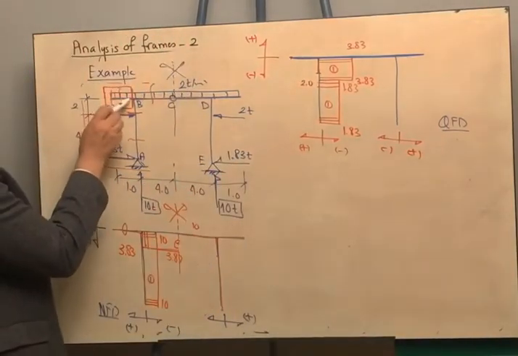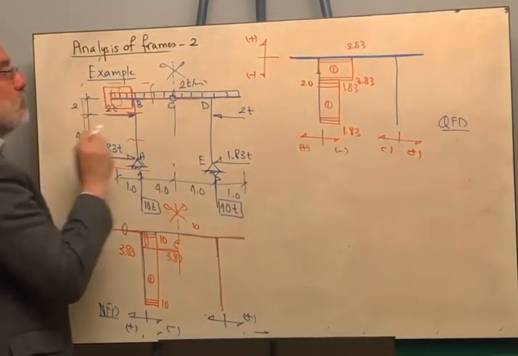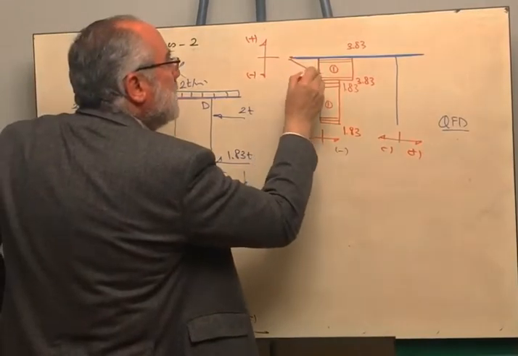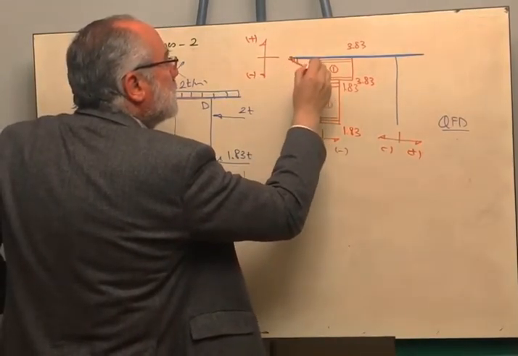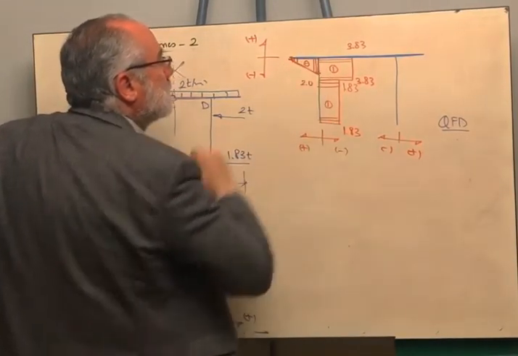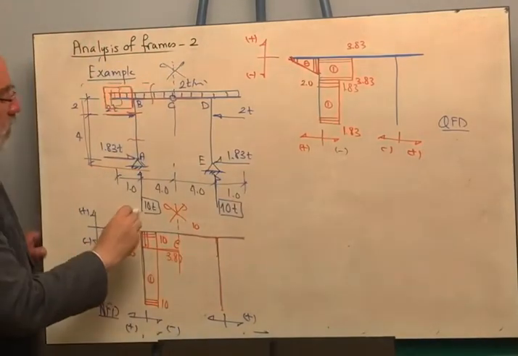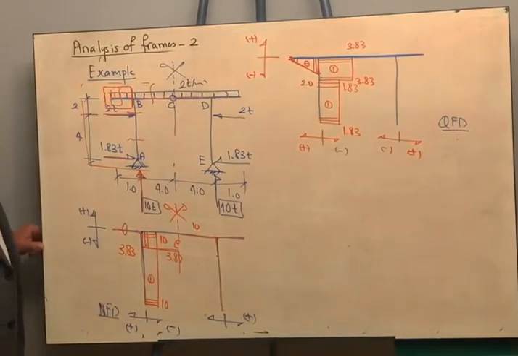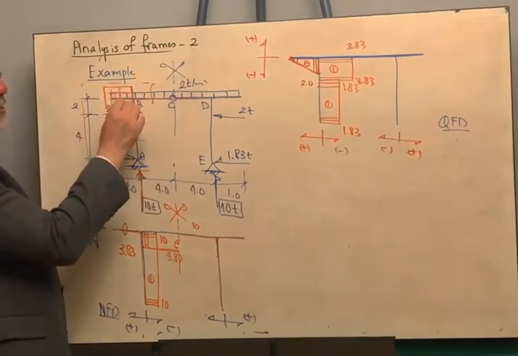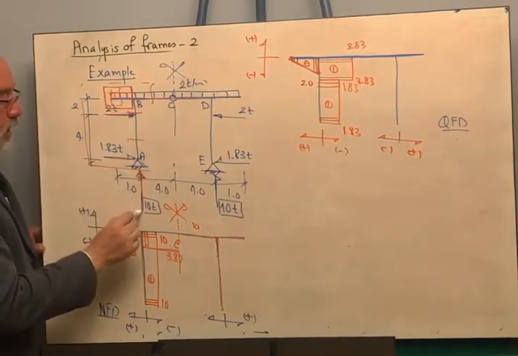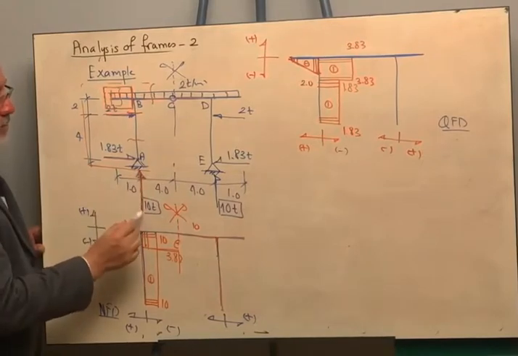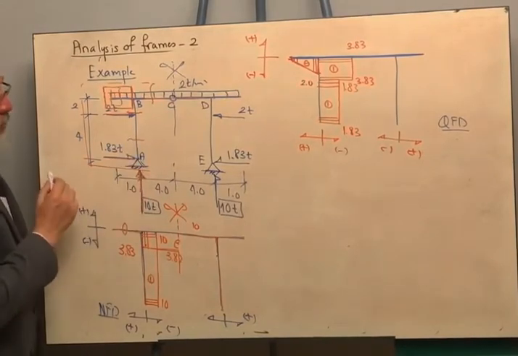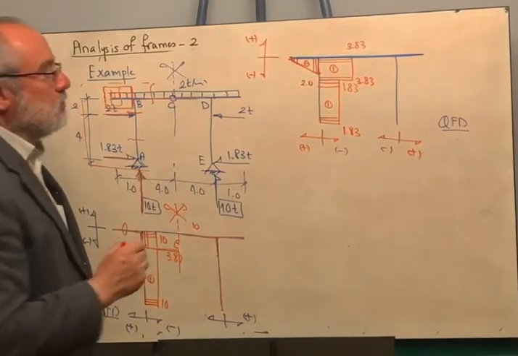Between this point and this point, I'm having constant load, therefore the shear must be linear. Okay, we are having a sudden change in the shear due to the 10 ton. We have reached at this section a shear of negative 2 and we are having positive 10 because it is on my left-hand side and upward, so we are having positive 8.